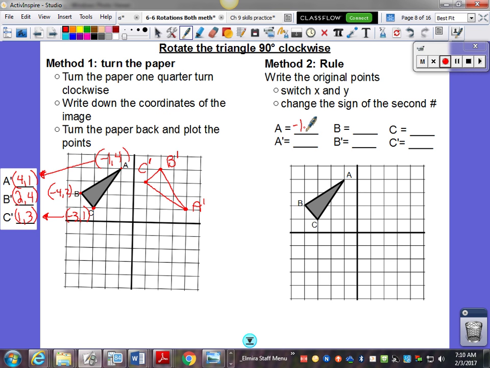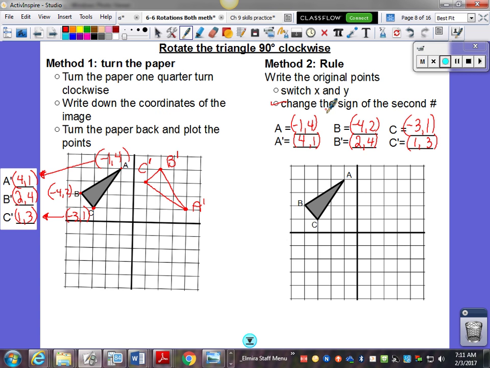Original A is -1, 4, and A prime is 4 and 1. Original B is -4 and 2, and B prime is 2, 4. Original C is -3 and 1, and C prime is 1 and 3. So you can see the numbers just switched places.